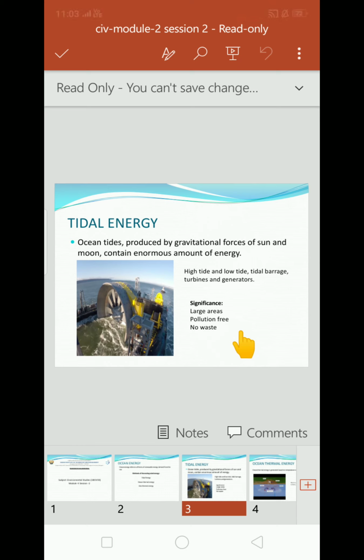If we are producing fertilizers or other products, we generate byproducts as waste in huge amounts, and that waste byproduct is harmful to our society. But while producing ocean energy, particularly tidal energy, there is no waste. That is the main advantage of tidal energy.